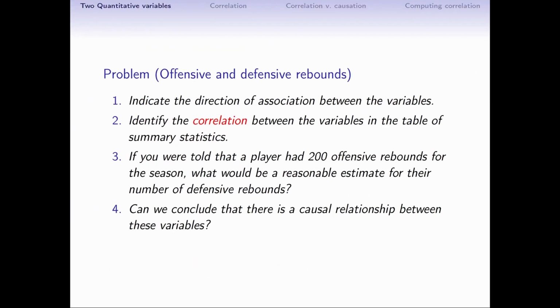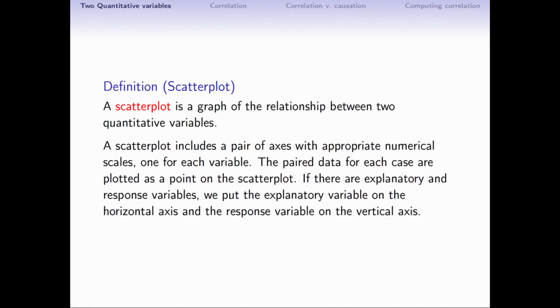Our next task is to study the definition of a scatter plot. So what is a scatter plot? A scatter plot is a graph of the relationship between two quantitative variables. So a scatter plot includes a pair of axes with appropriate numerical scales, one for each variable.